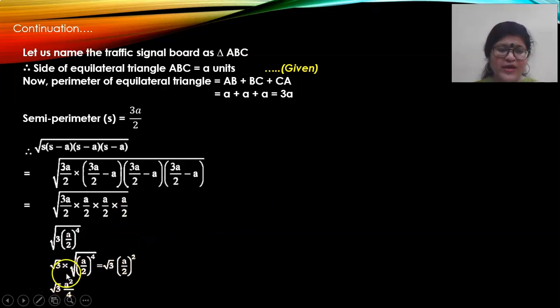So totally you get a square upon 4. And this 3 is under the root sign, so you write it as root 3. So this is nothing but the area of an equilateral triangle. We have calculated the area of an equilateral triangle by using Heron's formula. So area of an equilateral triangle is root 3 upon 4 a square.